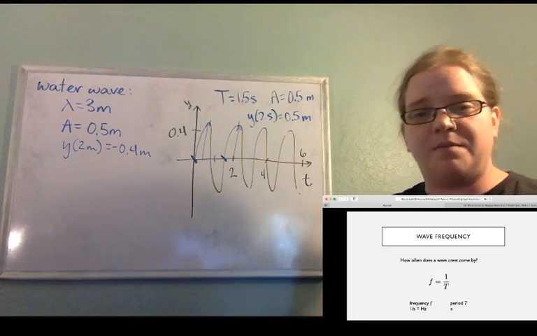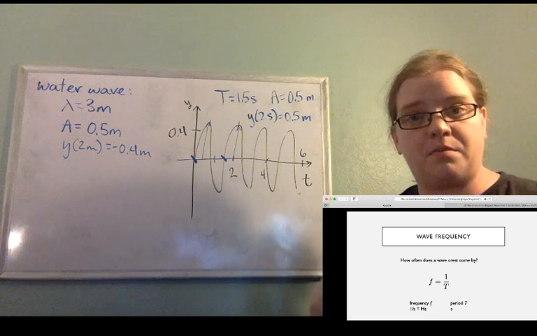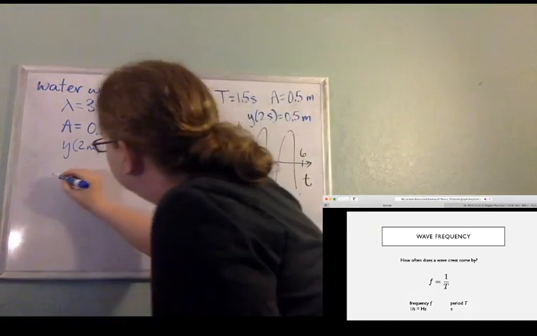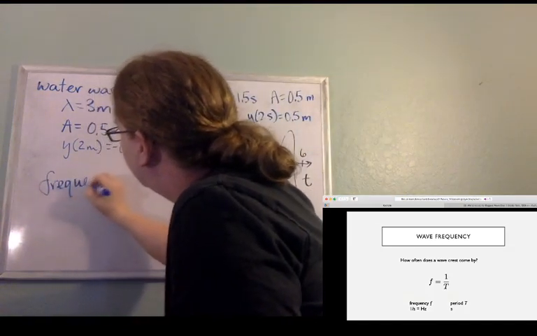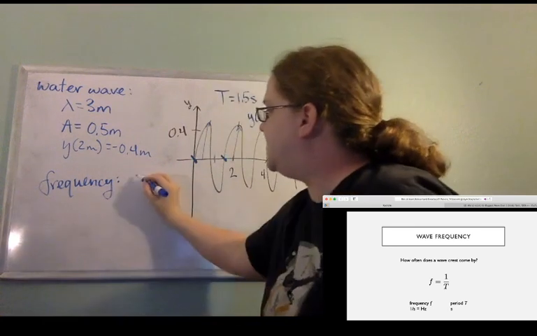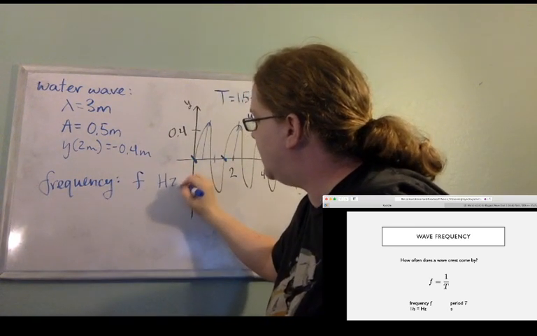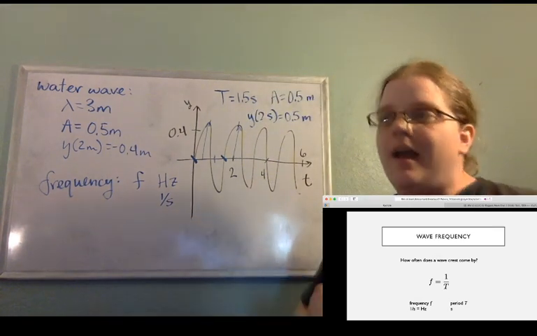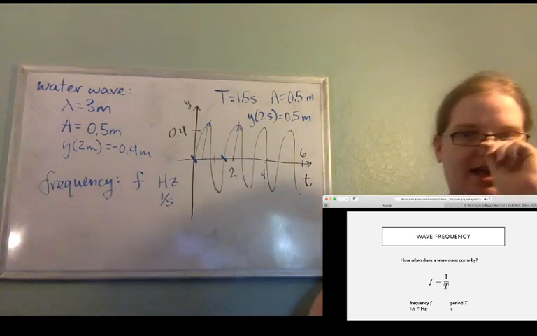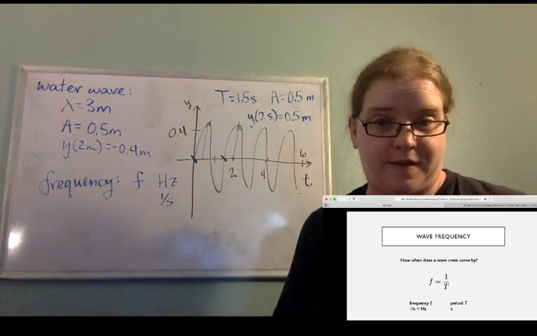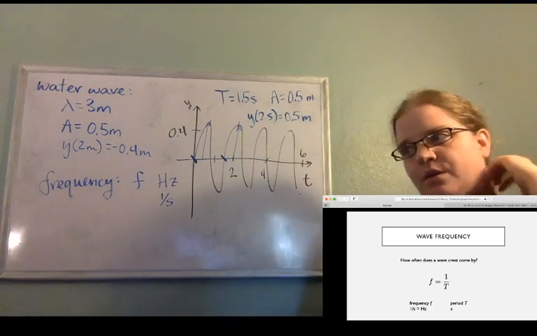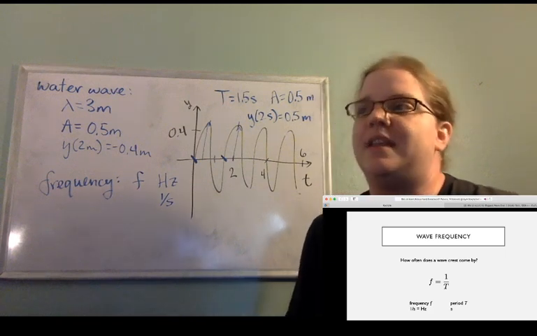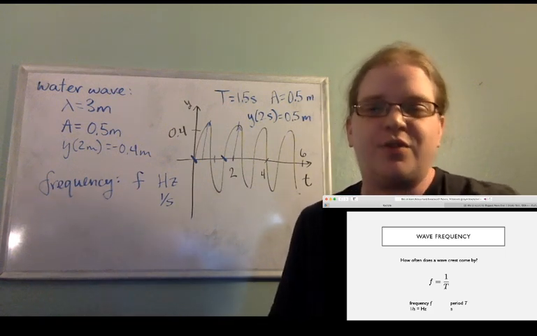All right, so another important parameter for waves is called the frequency. Frequency gets the letter f. It's measured in hertz, which is the same as 1 per second. Okay? Frequency is something that tells you how often the wave comes by, right? Frequency is something we also have in normal non-wave life. Like if we think about birthdays, those are infrequent.